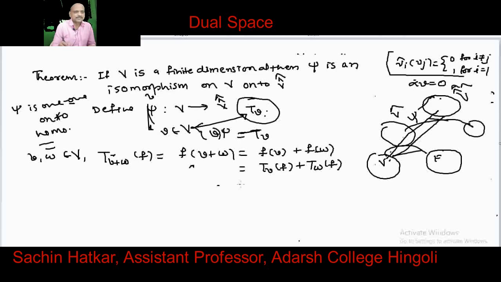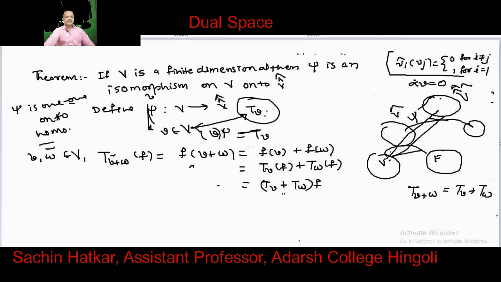Taking f common, this is (T_v plus T_w) of f. That is, we have T_{v+w} equal to T_v plus T_w. You can see how we get there.